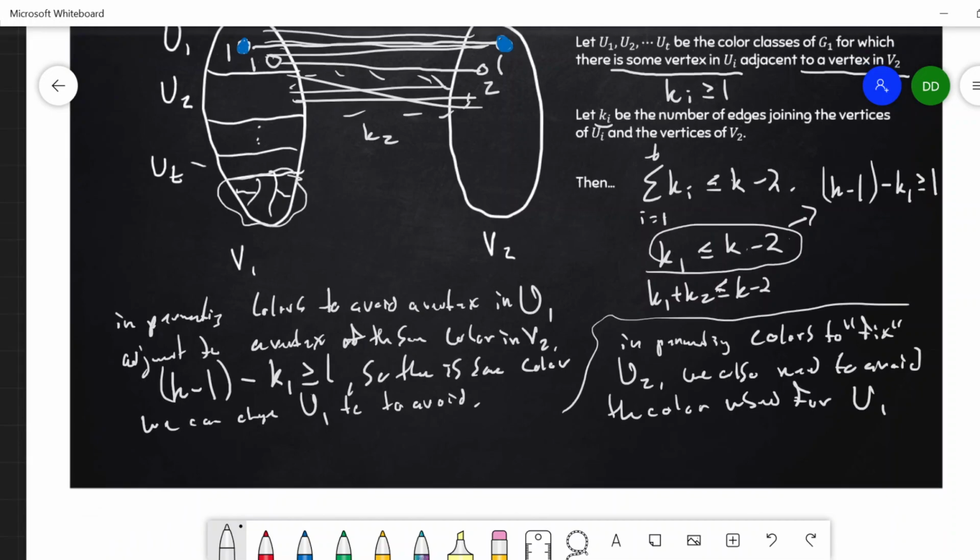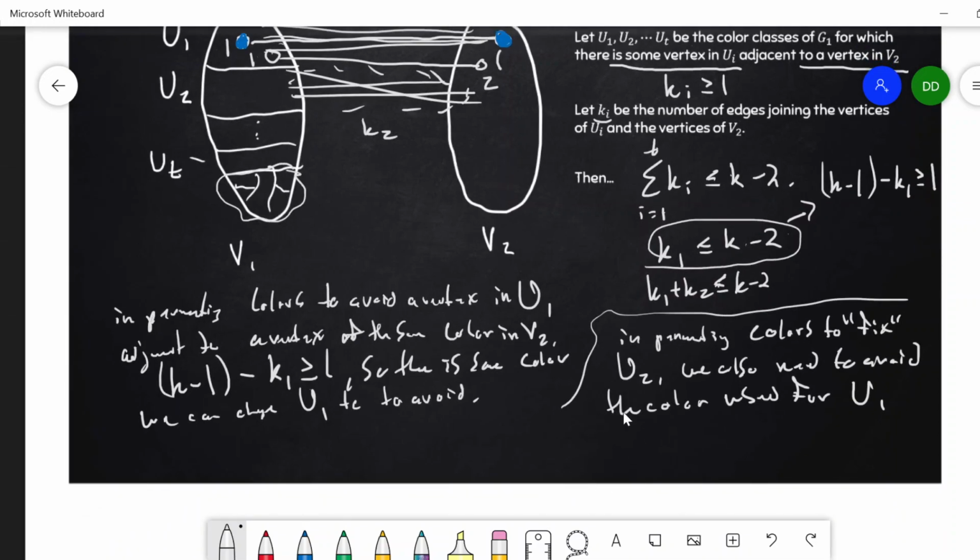So that's an extra color I have to avoid, and so I have K minus 1 total colors, and now I have to avoid not just K2 colors, but K2 plus 1 colors.